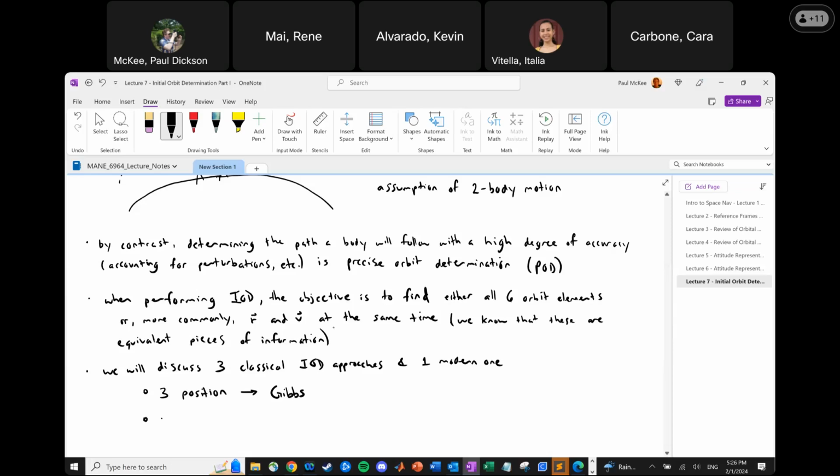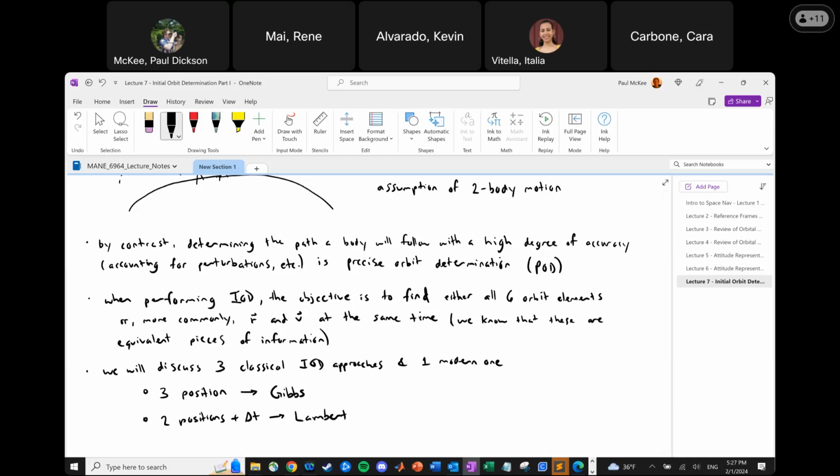If you have two positions and you have delta t, the time between them, then that is what's referred to as Lambert's problem. Well, I'm just going to say Lambert for now. Good enough.